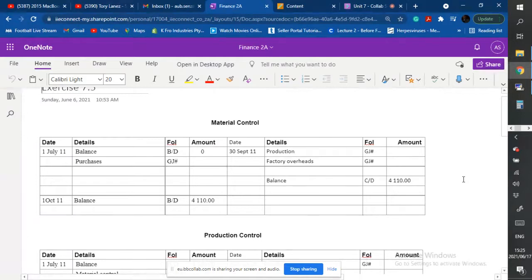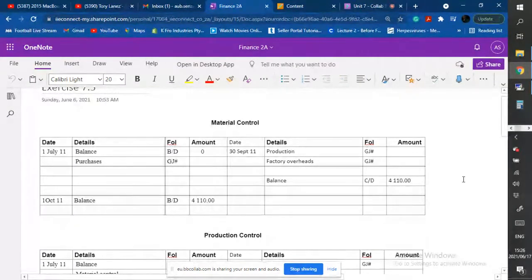So if this is 1 July work in progress balances, then this is your opening balances for your production or work in progress account. And then cost incurred and other data for the third quarter. These are costs that are actually incurred for each respective job in relation to material costs, labor costs, machine hours. All right, so we'll probably take a look at that a bit later.